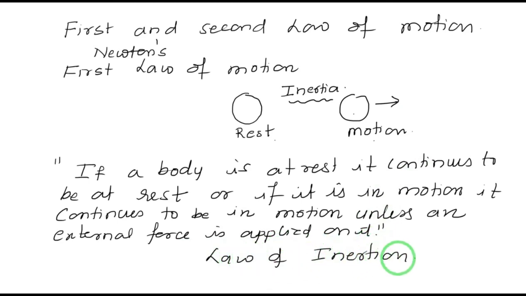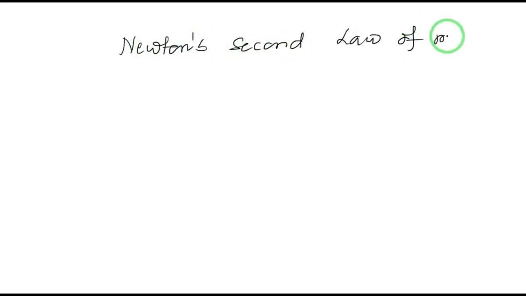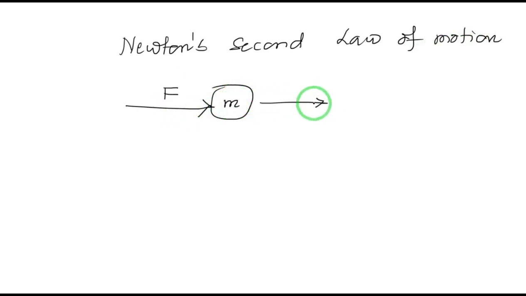Either you call it Newton's first law of motion or law of inertia, right? And what does Newton's second law state? Newton's second law of motion states that force applied on a body is directly proportional to the product of mass and acceleration of the body.